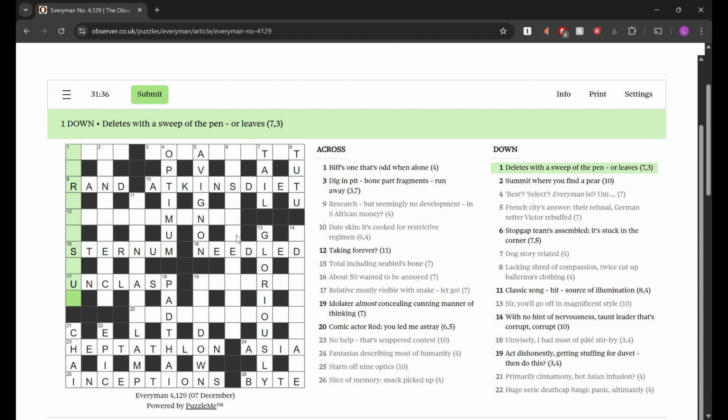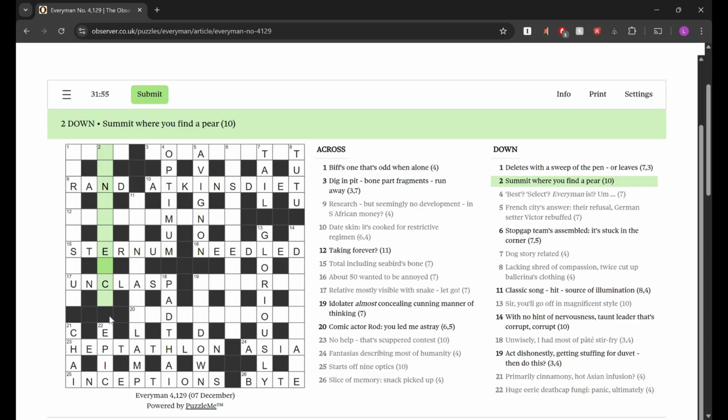That erases out, or not sure about that. Still okay too.